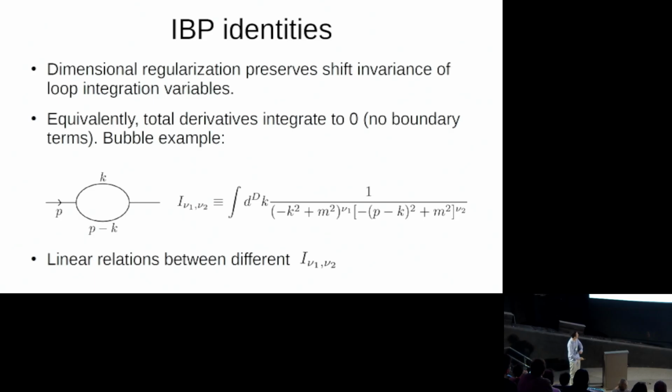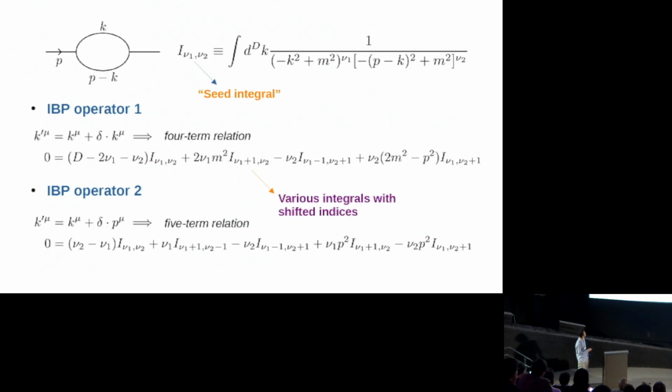So I'll just give a toy example to introduce the Laporta algorithm. For example, this massive bubble integral with internal masses and an external mass p squared. We want to obtain linear relations between integrals with different powers, nu1 and nu2. We just take total derivatives, or more intuitively, infinitesimal shifts of your loop momentum measure, and you demand the integral to be unchanged under this infinitesimal shift.